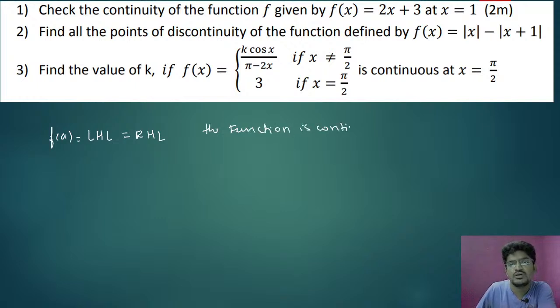Whenever it is given that the function is continuous, we have to understand that f of a is equal to LHL is equal to RHL. LHL is the left hand limit and RHL is the right hand limit.